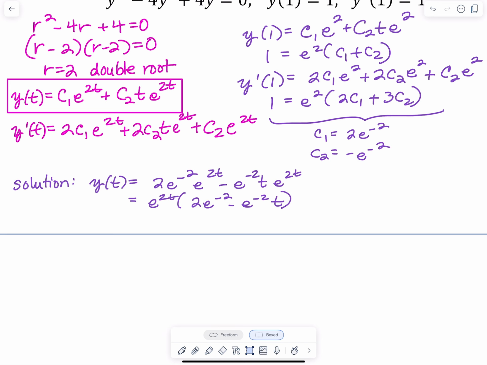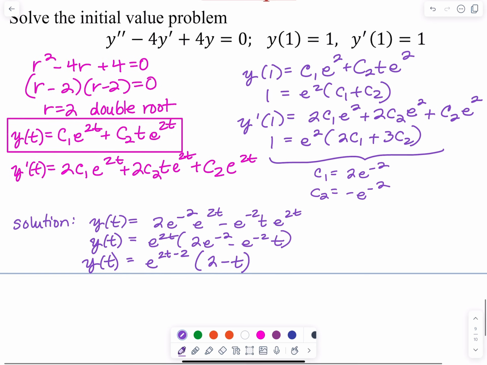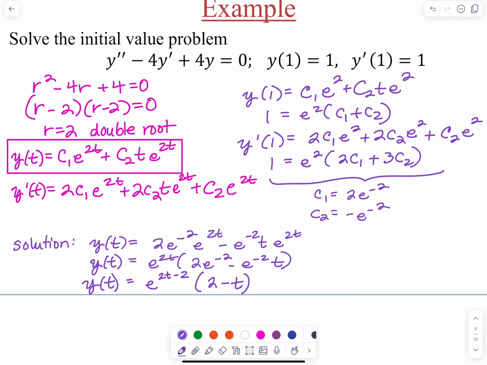We can now also factor out an e to the 2t, but we can factor out an e to the negative 2. So we can place that in the exponent, and we're left with 2 minus t. So any of those solutions, but this is very nicely simplified. And that concludes this video.